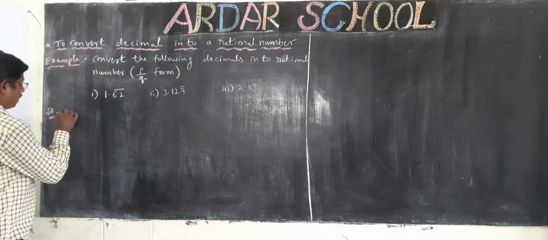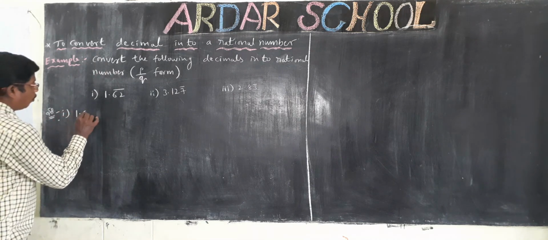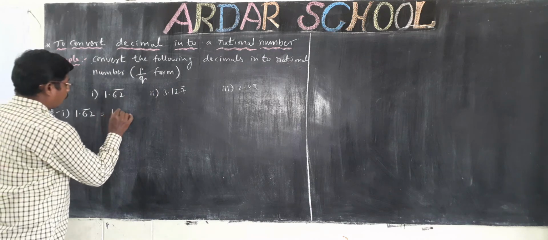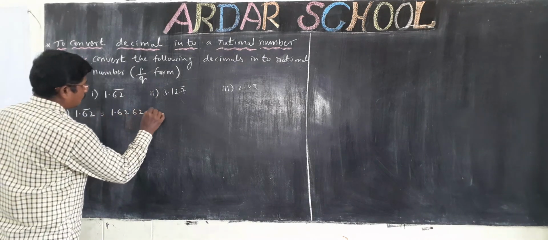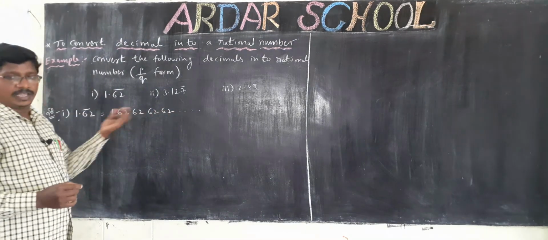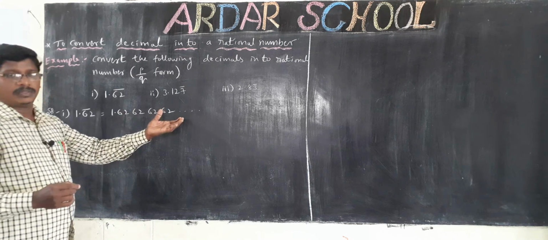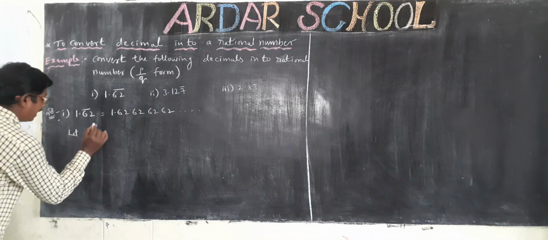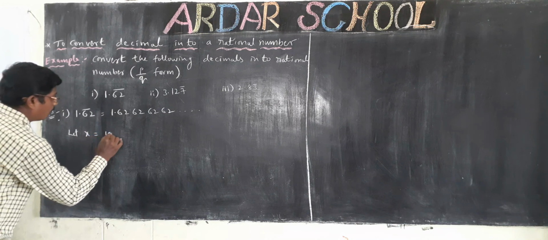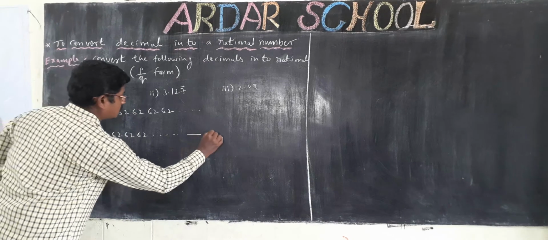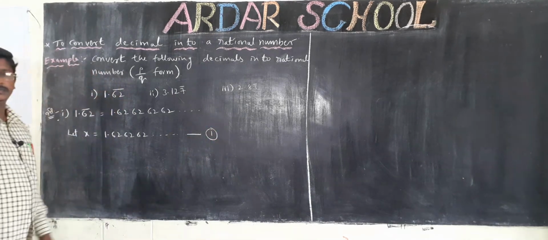I will take the first one, 1.62 bar, that is equal to 1.626262. The 62 is recurring. So let x be equal to 1.626262 and so on. This is equation 1.